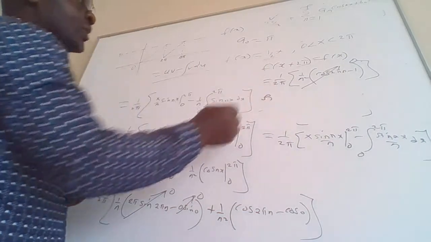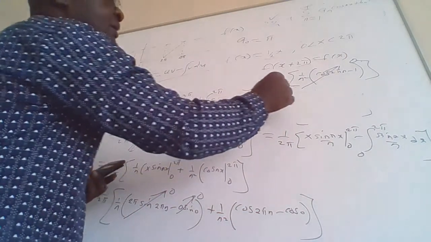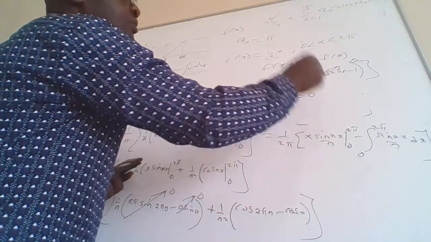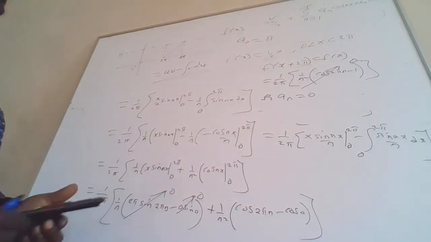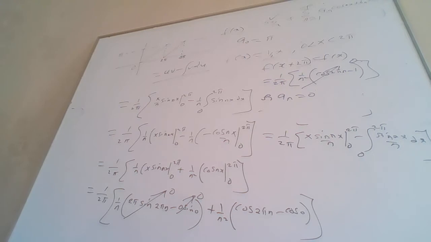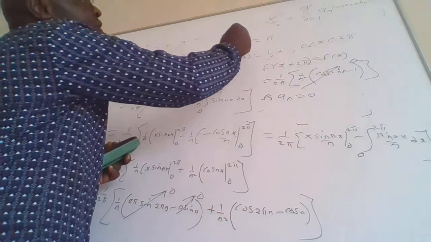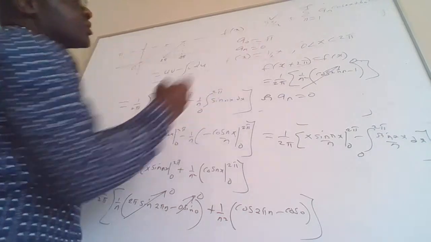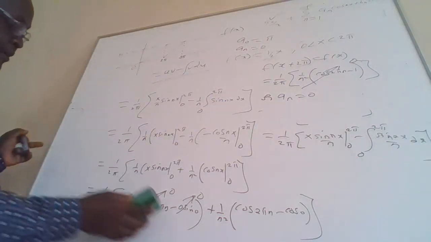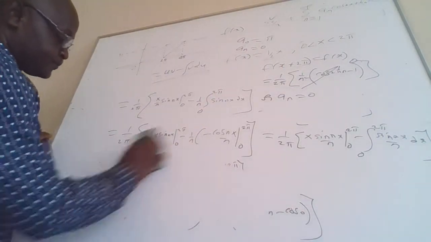Therefore, we are saying that our an equals to 0. Now wrap this.